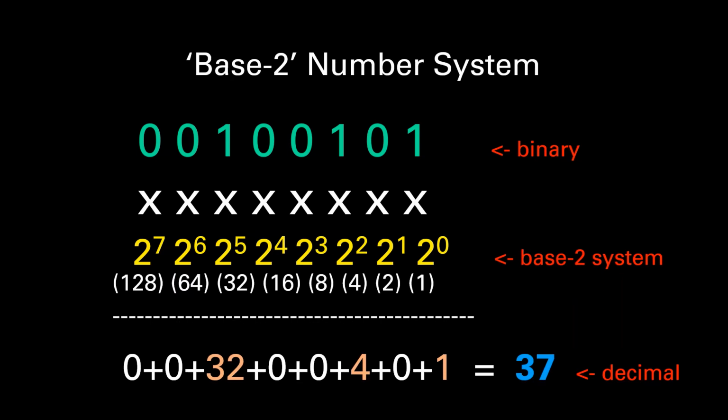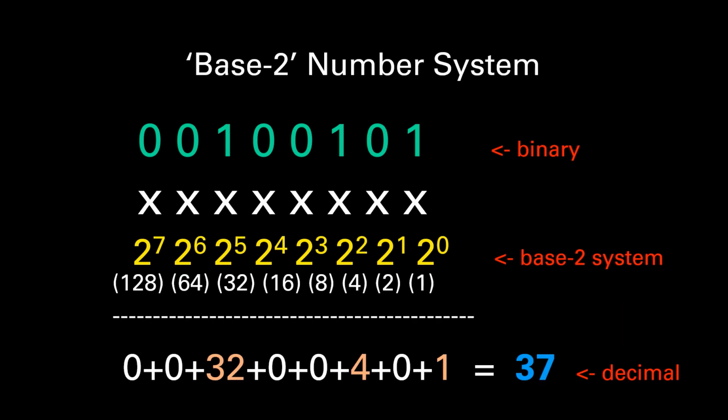Then one position to the left, we have 0 times 2, which is 0. One to the left of that, we have 1 times 4, which equals 4. Then we skip 2 positions, we have 1 times 32, which equals 32. And in the end, we get 32 plus 4 plus 1, which equals 37.